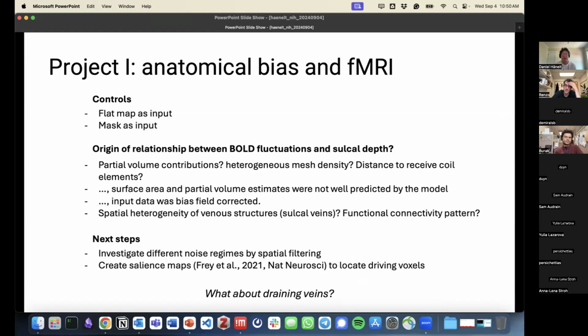Yeah. So maybe you list this in controls, but this might also mean that you're basically just looking at the same segmentation errors that FreeSurfer might have as a function of sulcal depth, that usually cuts off the bottommost part of gray matter, the bottom of a sulcus, and then cuts the superficial layers at the crown of a gyrus.